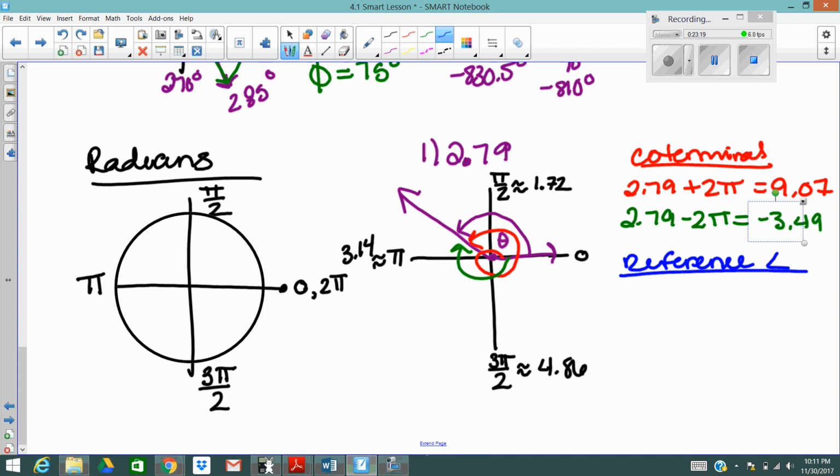So the reference angle is the angle that is made with the terminal side and the x-axis. So if my angle is 2.79 radians, and to get to the x-axis I need 3.14 radians, my reference angle needs to be 0.352 radians.